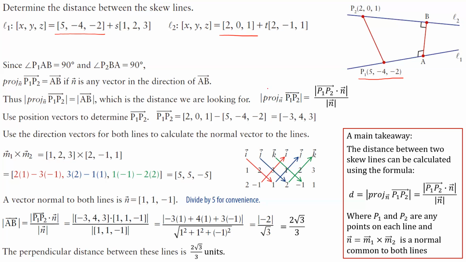So next, the question converts to finding the magnitude of the projection of vector P1P2 on vector N. Note vector N is any vector in the direction of AB, which is given by the magnitude of the dot product between vector P1P2 and vector N over the magnitude of vector N. We already know this formula from the previous chapter, right? If you forget this formula, you can check the lesson in the previous chapter.